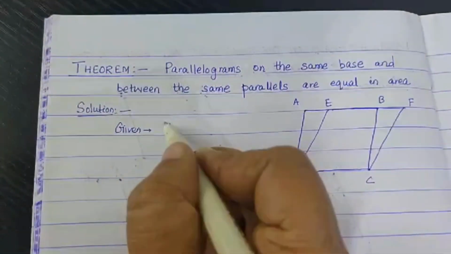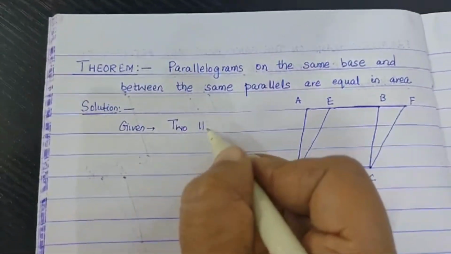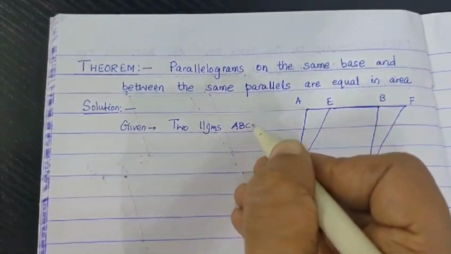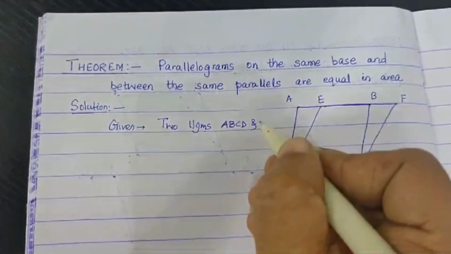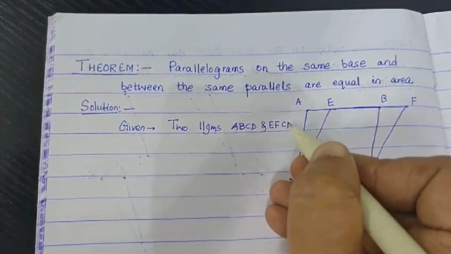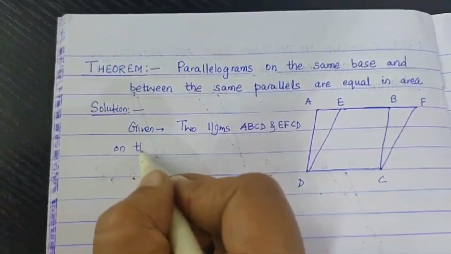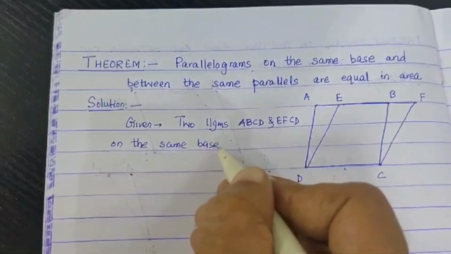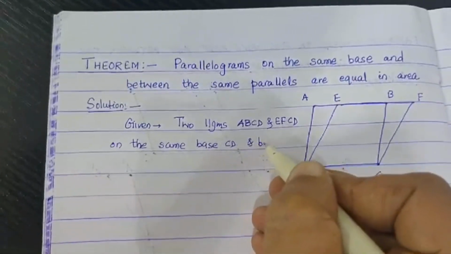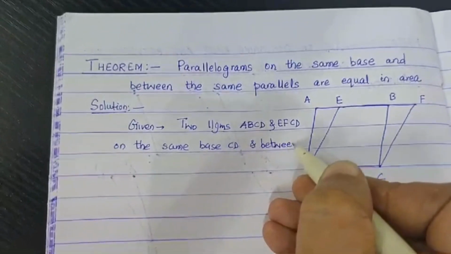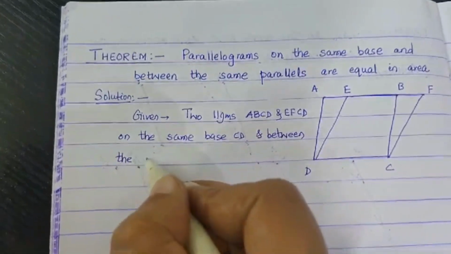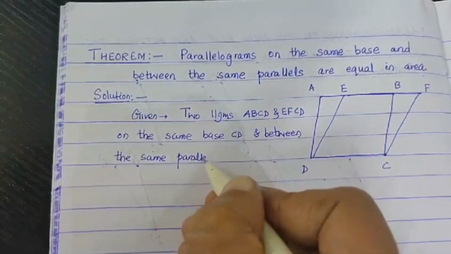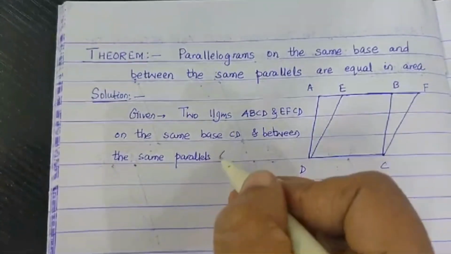So given is two parallelograms, ABCD and EFCD, on the same base CD, and between the same parallels. What are the parallels? AF and CD.